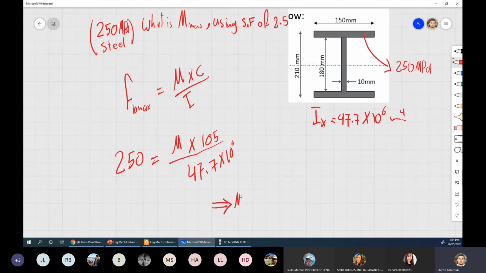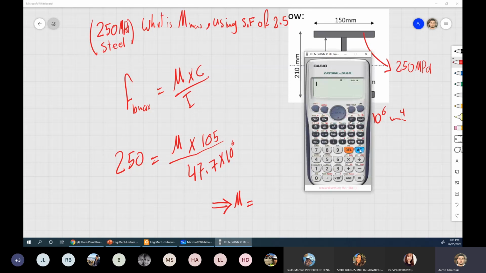That means M equals, if I calculate this, 47.7 multiplied by 10 to the power of 6, divided by 105.